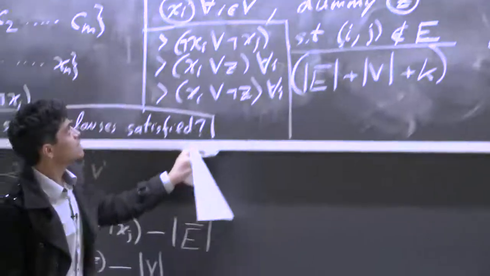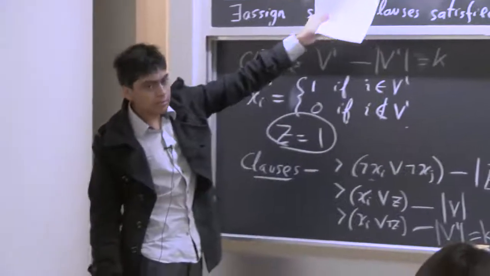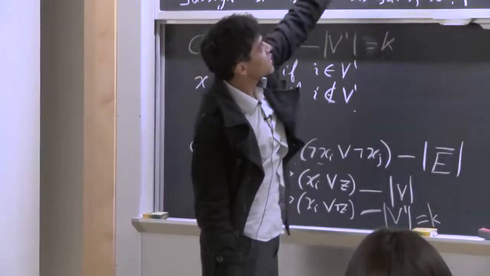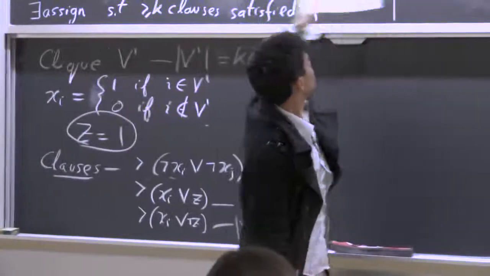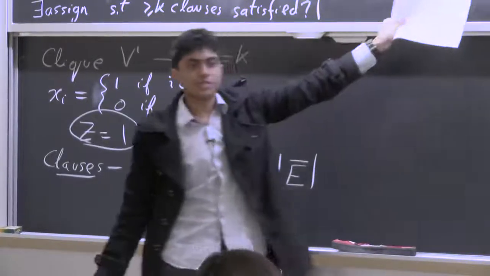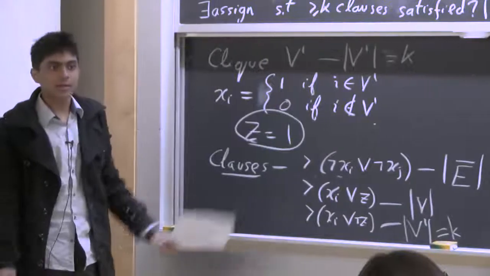Does that make sense? So basically, for the reduction to the max 2 sat problem, we specified the literals, which were xi for all i in v and the dummy z. We specified the clauses, and we specified the threshold we are trying to achieve. Those three things completely specify the max 2 sat problem.